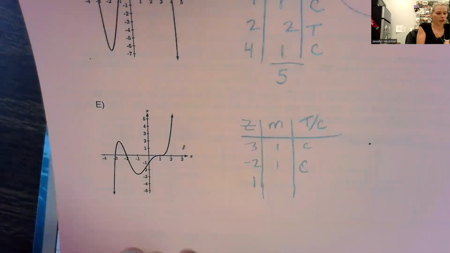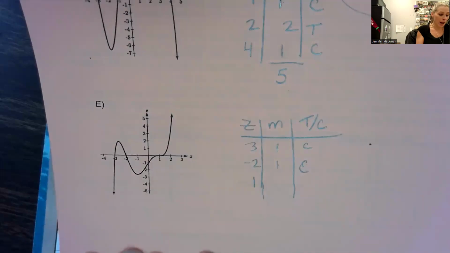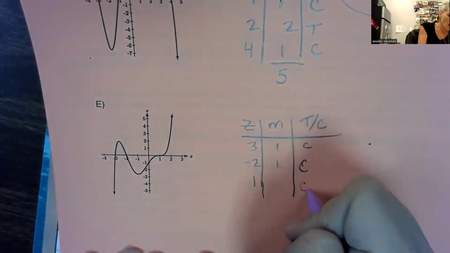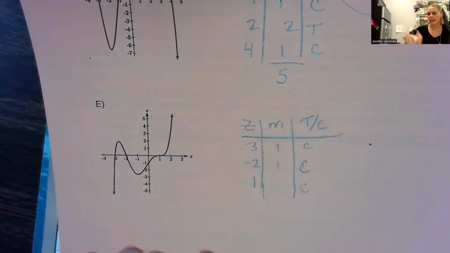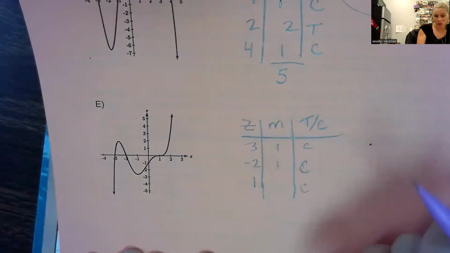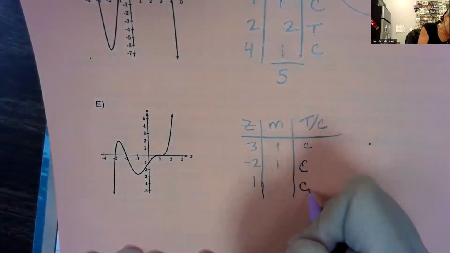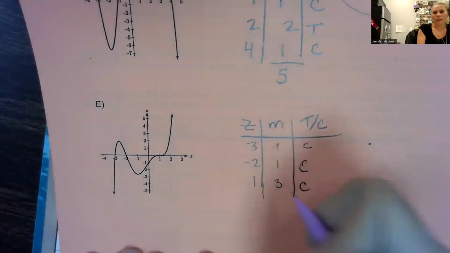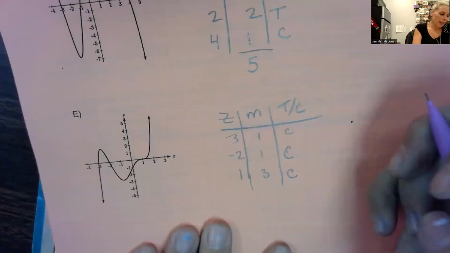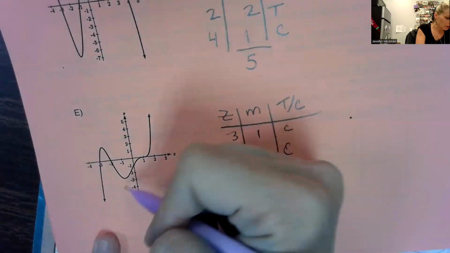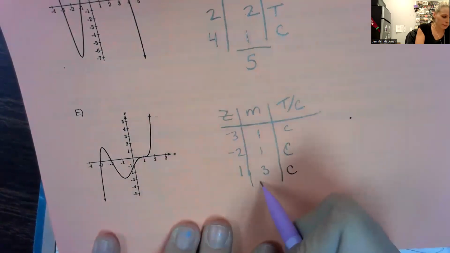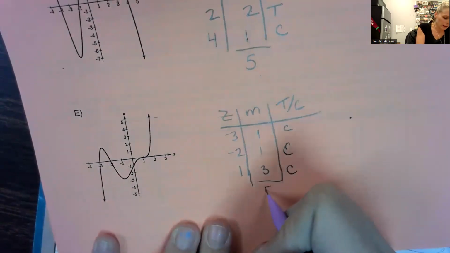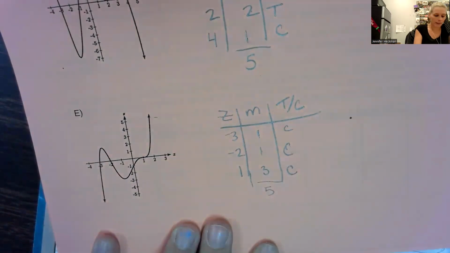Sorry, my pencil is falling apart. At 1, it's also crossing, but it's crossing at a cubic almost, right? So we're going to use a 3 for that. Now let's make sure they're going in opposite directions, so it must be an odd degree. Let's check. Yep, 5 is an odd number.